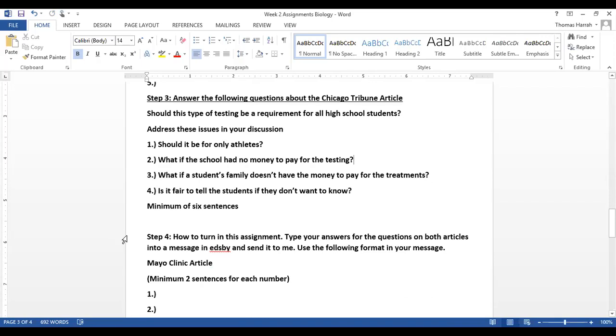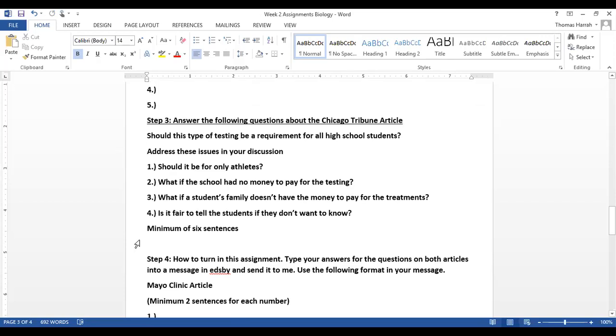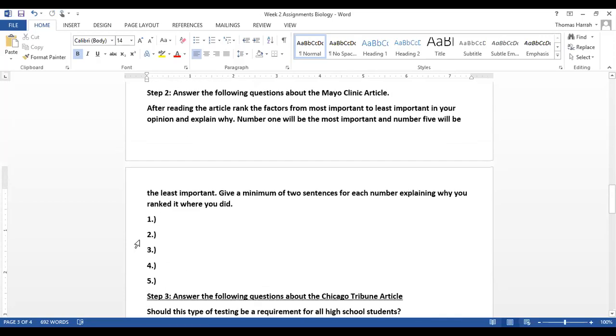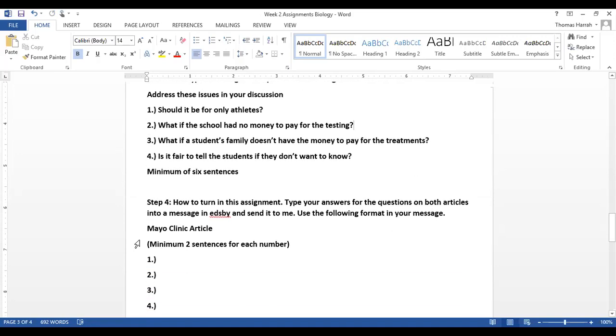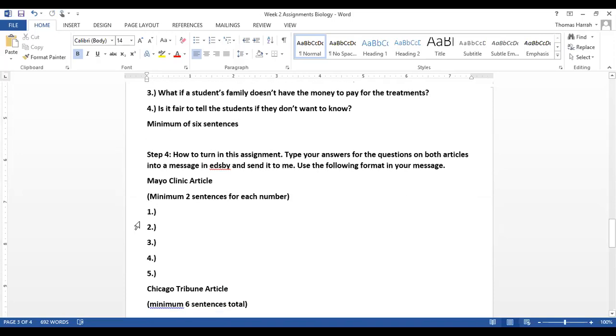All right, so step 4, how should I turn in this assignment? I want you to type your answers from steps 2 and 3 into an email on Eds B and send it to me on Eds B. And I want you to use this format for the Mayo Clinic article. You need to have a minimum of 2 sentences for each, for 1, 2, 3, 4, 5. So type it out like this, right?